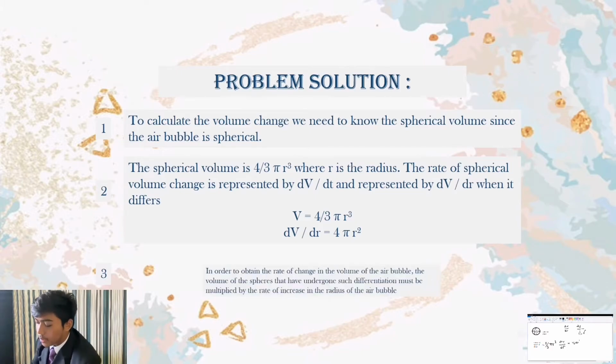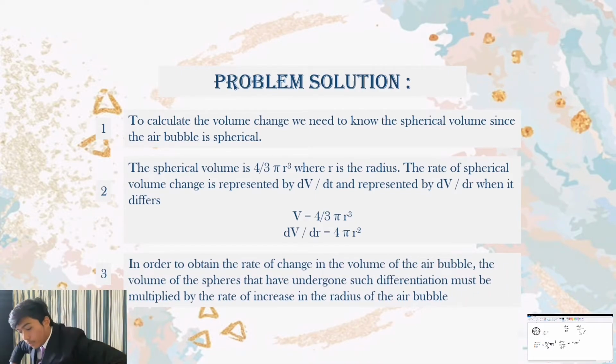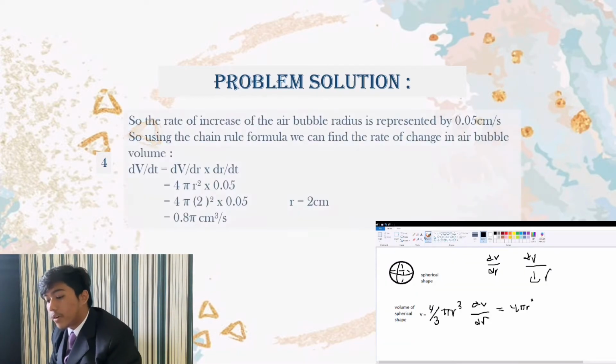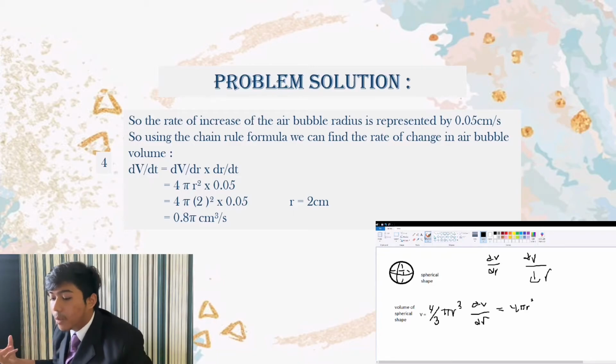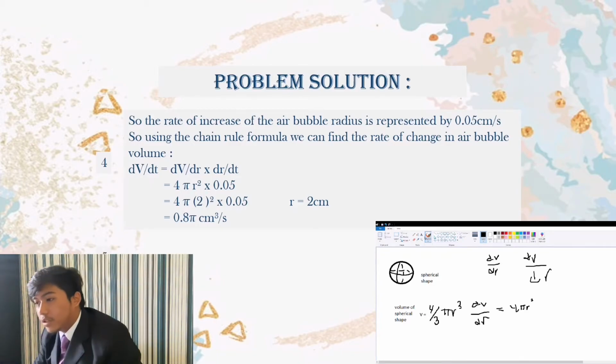In order to obtain the rate of change in the volume of the air bubbles, the derivative of the sphere's volume is multiplied by the rate of increase in the radius of the air bubbles. The rate of increase of the air bubble's radius, dr per dt, is 0.05 centimeter per second.